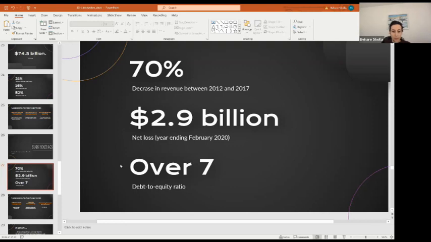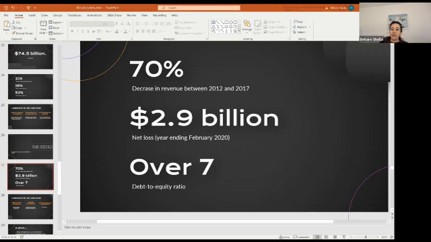For the financial statements ending at the end of February 2020, they generated 2.9 billion in net losses, while the debt to equity ratio is over 7, which is very, very high.